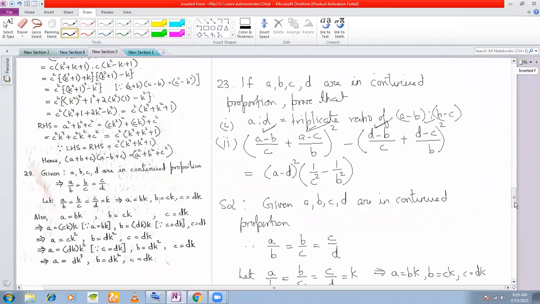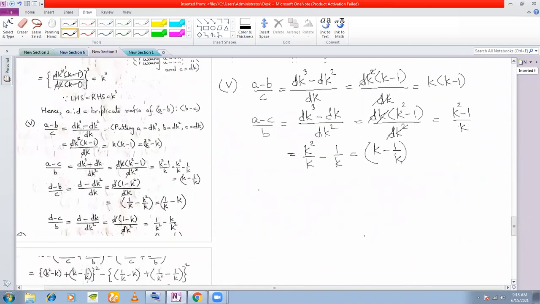Next is d minus b by c. Put the values. D here is d because everything is in terms of d, and b here is dk square we have found above, and c here is dk.